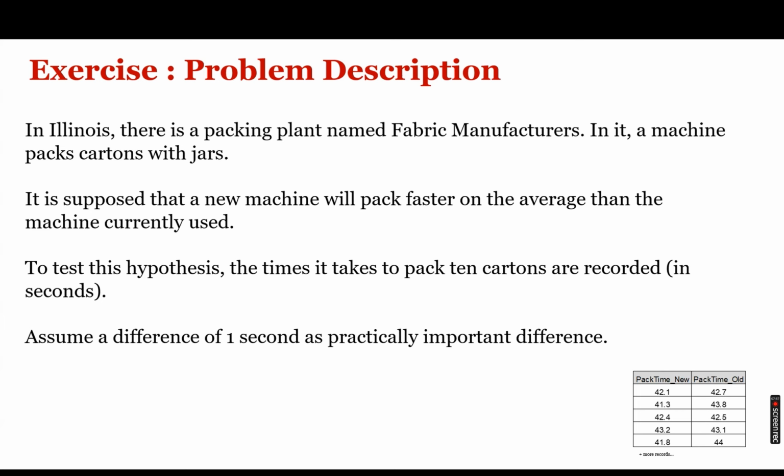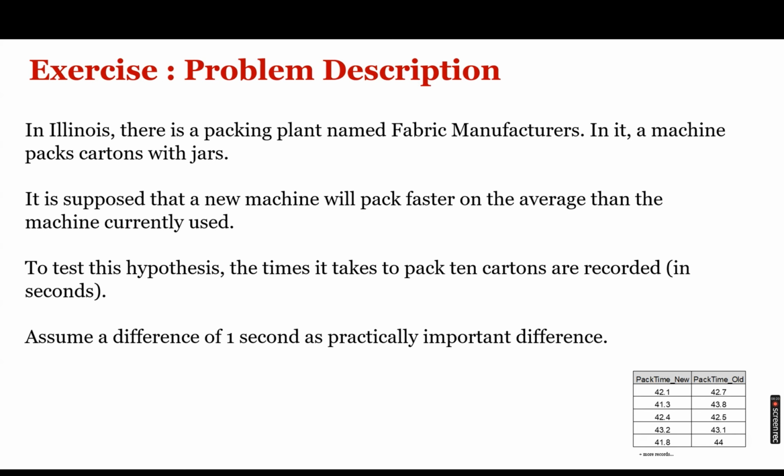Number three, get the p-value. Step four, if the p-value is less than or equal to 0.05, we reject the null hypothesis. Step five, if the p-value is greater than 0.05, we accept the null hypothesis. And step number six, conclusion.